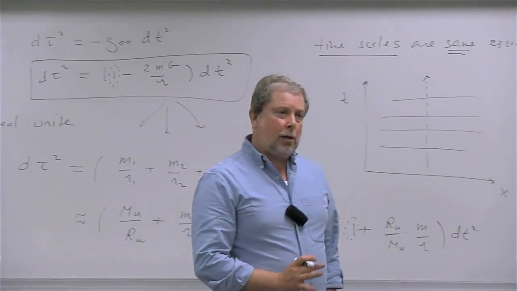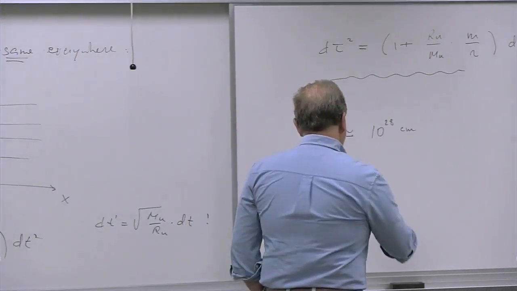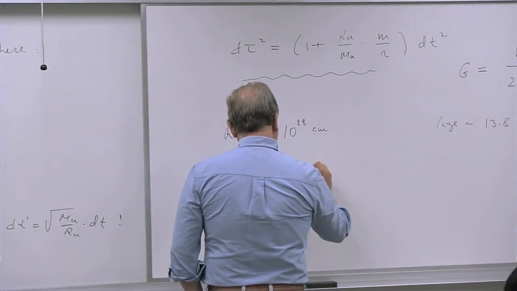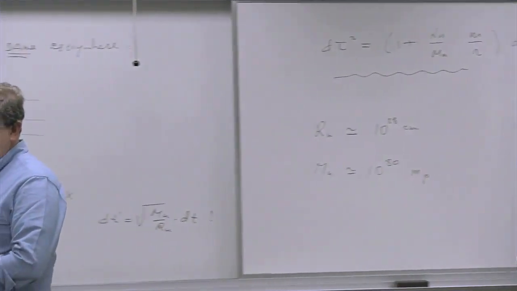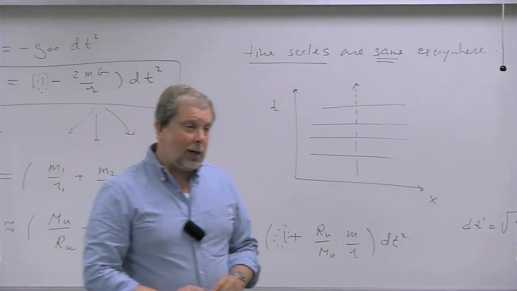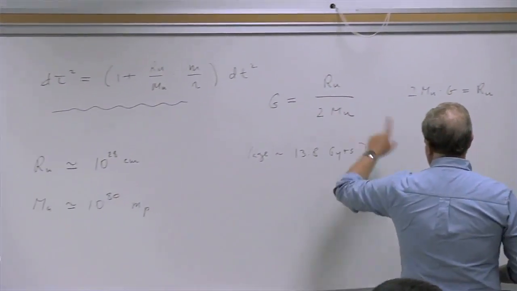And one knows that, given a few orders of magnitude plus or minus, the mass of the universe is about 10 to the 80 times the mass of the proton. There's about 10 to the 80 protons in the universe. And so that allows you to then estimate this ratio, right?